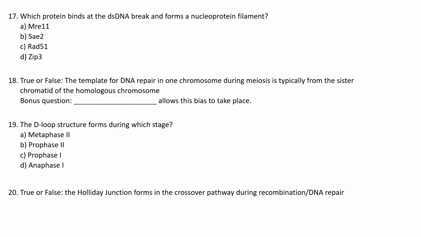However, in the non-crossover pathway, where you see this double Holliday junction intermediate forming, similarly it extends, but then you have two sides essentially on both the homologous chromosomes. You have this extension and then extrusion and then resolution of the structure. So actually the answer here is false. The double Holliday junction forms in the non-crossover pathway during homologous recombination and DNA repair.